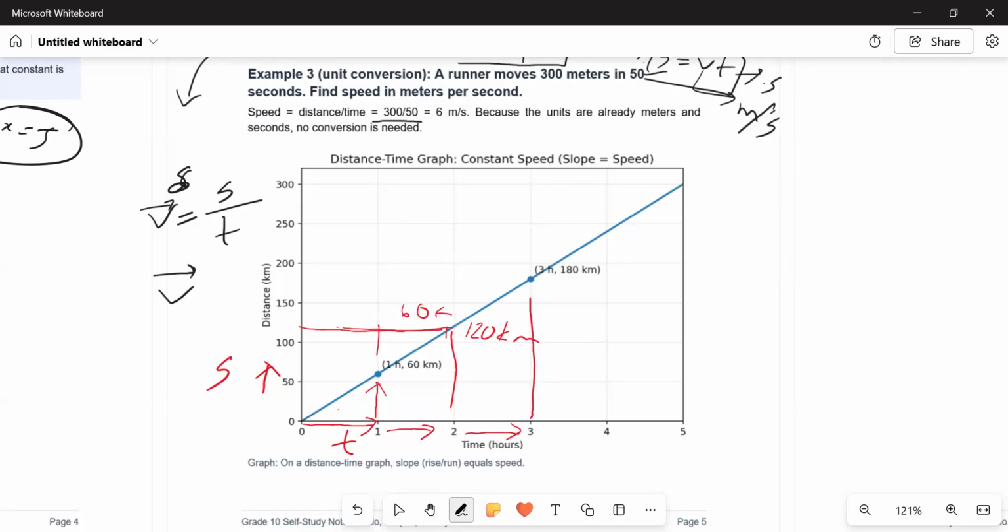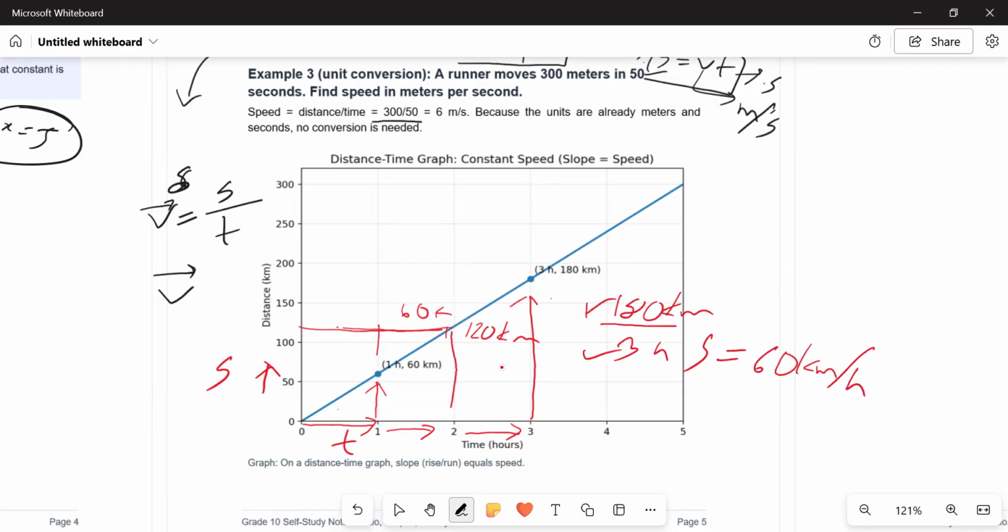I am covering 180 kilometers. So if I want to see what the speed is, what do I need to do? I'll just divide the distance by time. So the last distance is 180 and I covered 180 kilometers in 3 hours, right? So then I get the speed as 60 kilometers per hour.